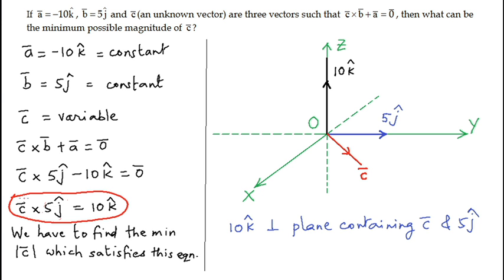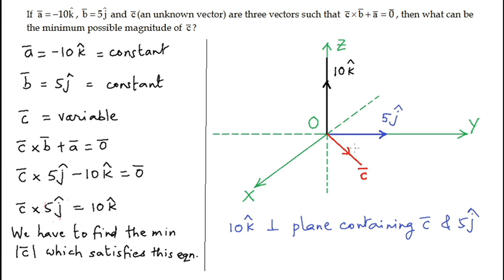This means that we should be able to apply the right hand rule between the direction of C bar and the direction of 5j cap, and we should be able to get the direction of 10k cap. Now let's see whether this is valid.